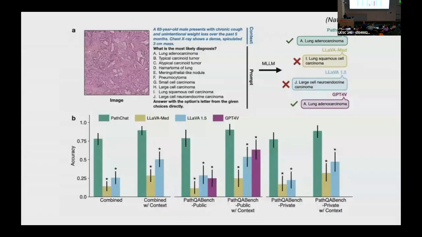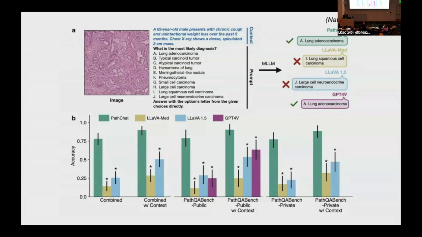So all of these demos are great, but we also need to assess the quantitative capabilities of this model. Initially we had a smaller set that was used to assess this. We had about 260 questions that went through. We passed them through PathChat as well as some of the other multimodal large language models to see, does a pathology-specific MLLM work better?